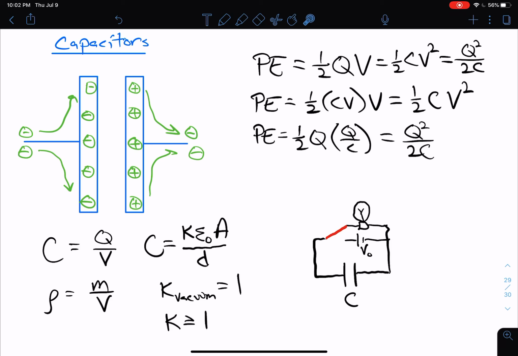And that's what's happened here when the switch is flipped. Now, the charges can move around the circuit and effectively discharge the capacitor. And in doing so, they do it very quick, and so you get a high current going through the light bulb, and there's a flash. So this is one example of what we use capacitors for, and I just wanted to share that with you.